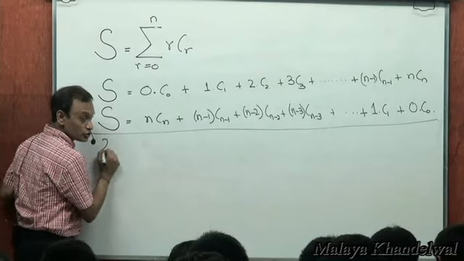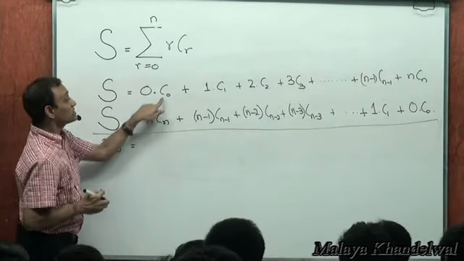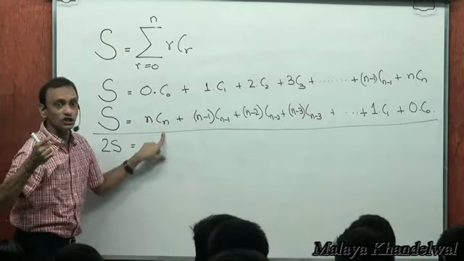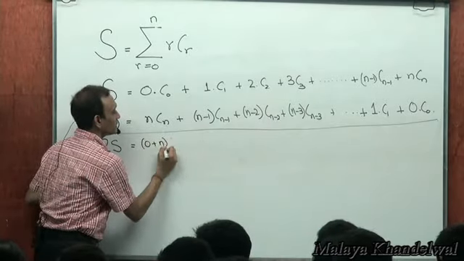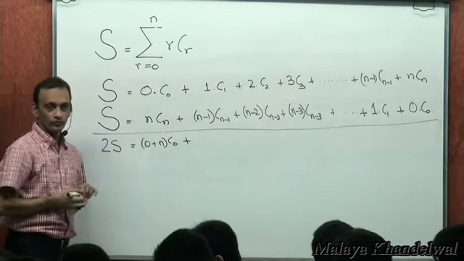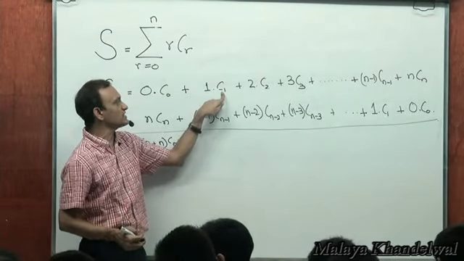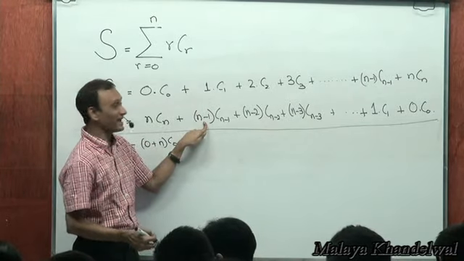When I do that, C naught is the same as Cn. So I could take C naught common from these two. So it's 0 plus n C naught. Yes or no? C1 is the same as C n minus 1. So I could take C1 common from this. Right? 1 plus n minus 1, which is n into C1.